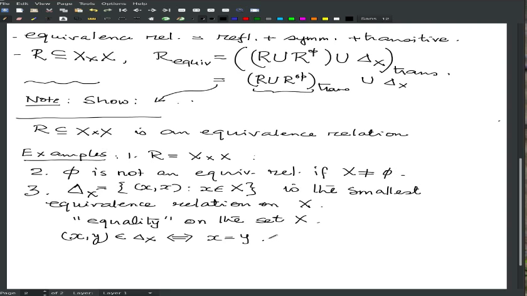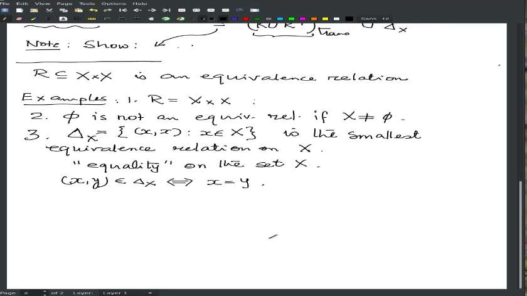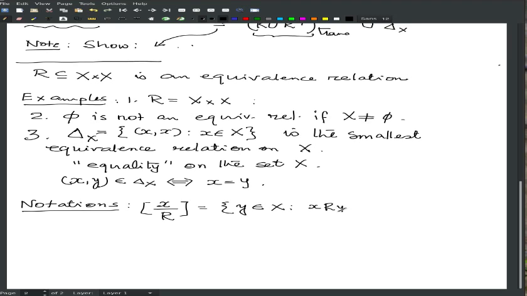But first let's see a few things, some notations. I will denote by this the set of all y's from X such that x R y.